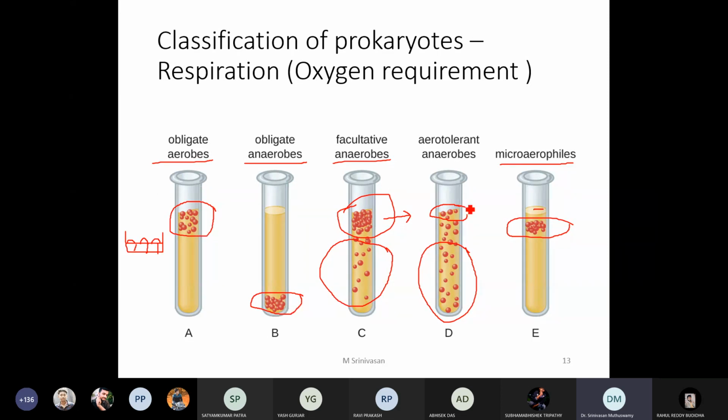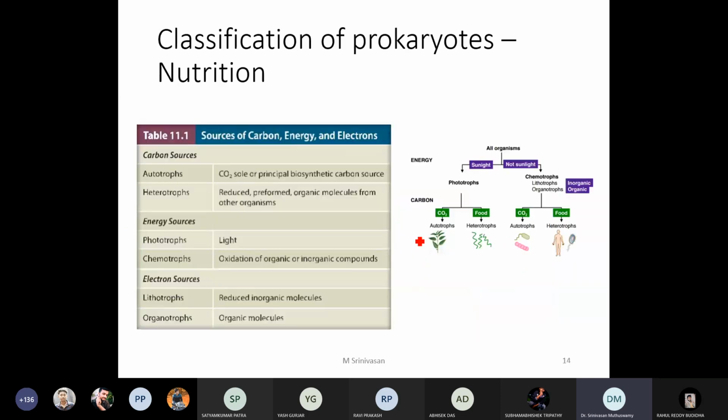Whereas the obligate aerobes and other aerotolerant microorganisms have the capacity to neutralize oxygen, because oxygen can cause oxidation. They are able to detoxify it, so they have the ability to grow in the presence of oxygen. So this is the first physiological classification based upon the oxygen requirement.